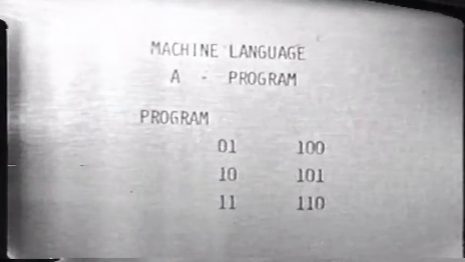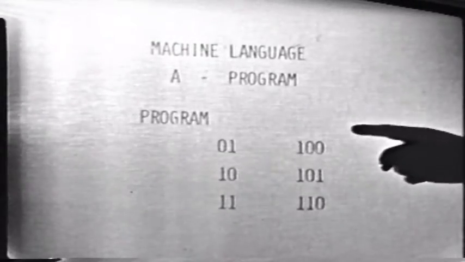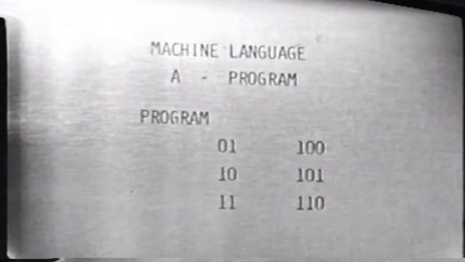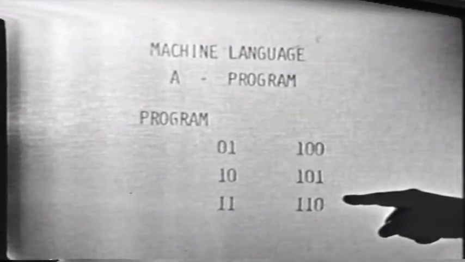Recall 01 meant to clear and add the contents of 100 to the accumulator. 10 meant to add the contents of 101 to what was already in the accumulator, which came out of 100, and 11 meant to store what was in the accumulator into core storage location 110.